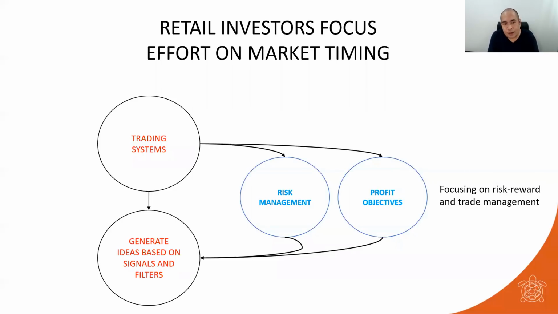At some point, they're able to develop rules for risk management and identifying profit objectives, which they then use to generate ideas and execute on their trades. So initially, at the start of a retail investor's journey, the focus is really more on finding how to buy stocks and how to sell and manage the trades accordingly.